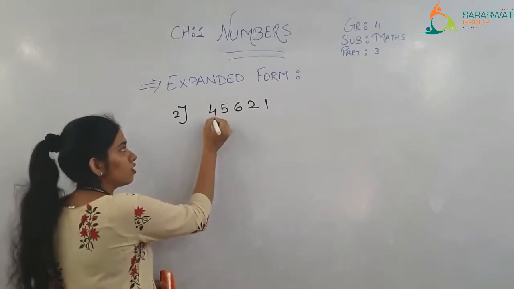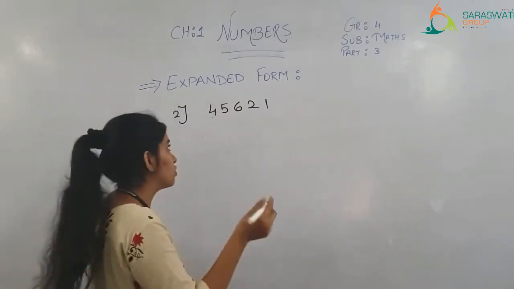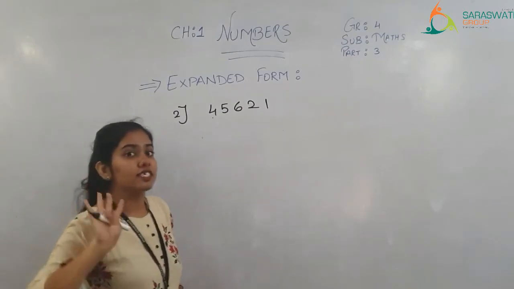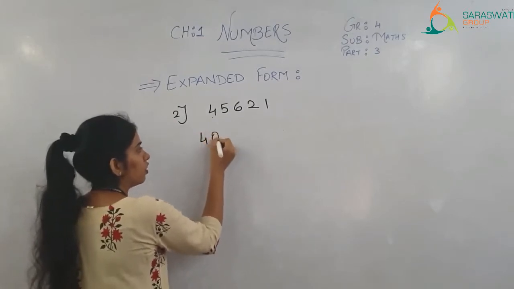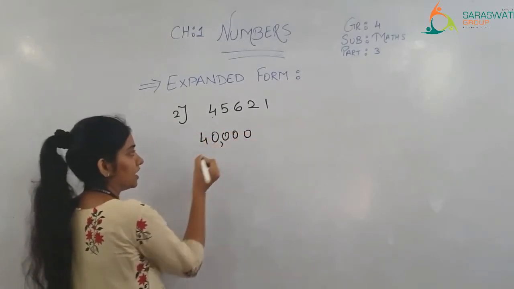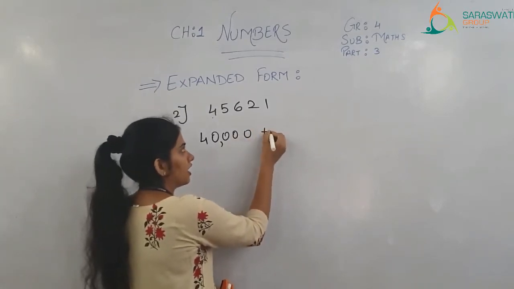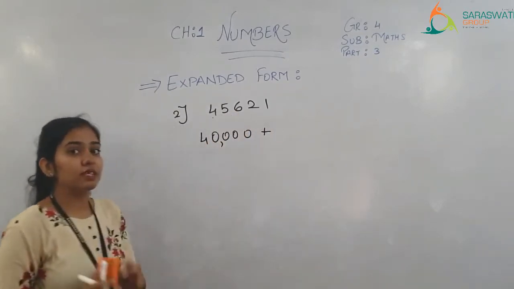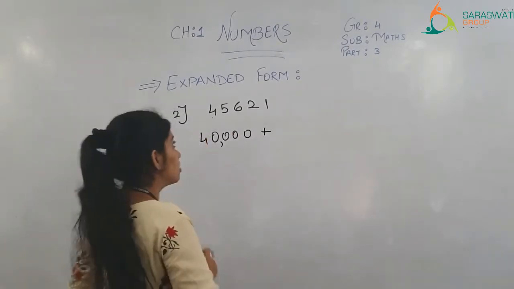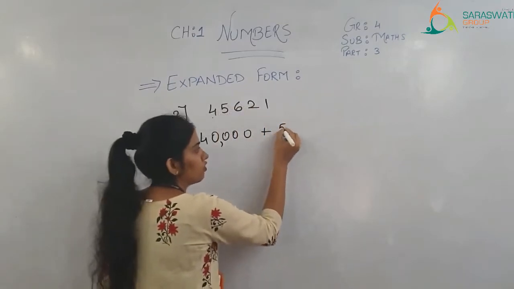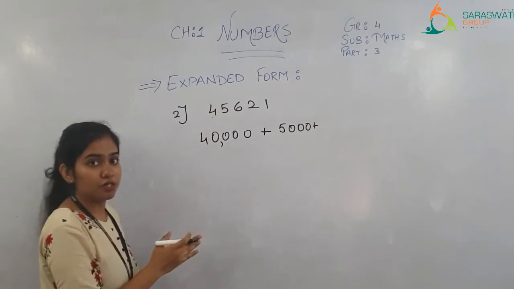So let's start from 4. 4 is at the 10,000 place. So in 10,000 we are having, as I said, 4 zeros. So 4 followed by 4 zeros, that is 40,000. After that, 5. 5 is at the place of thousands. In thousands we are having 3 zeros. So 5 followed by 3 zeros gives 5,000.